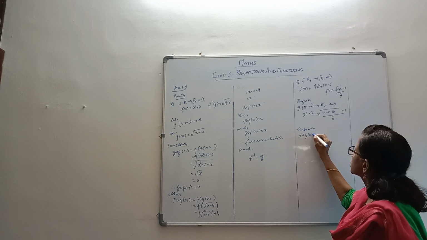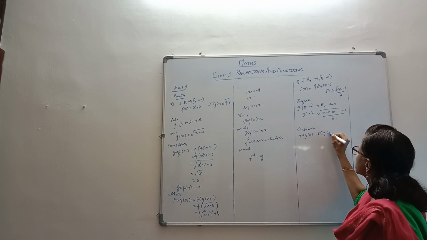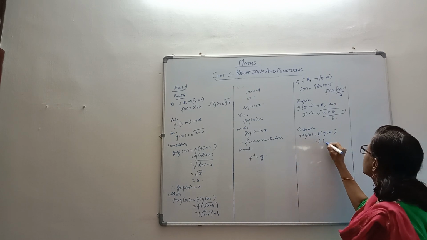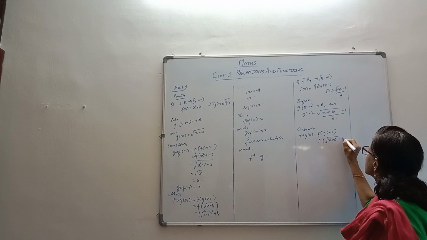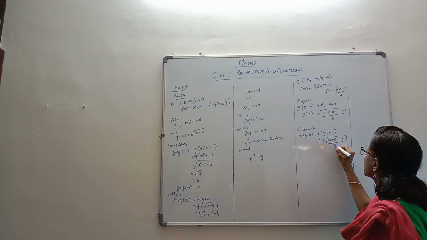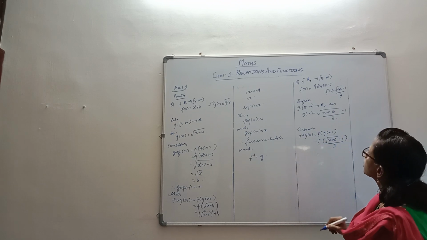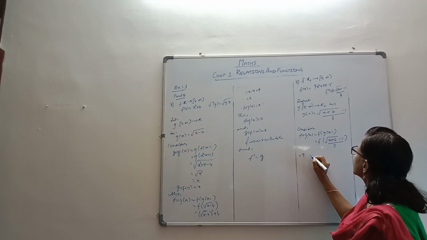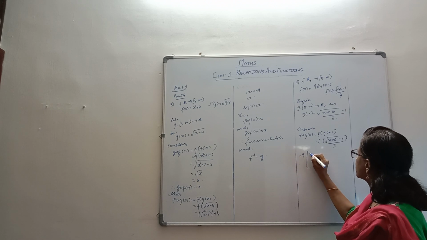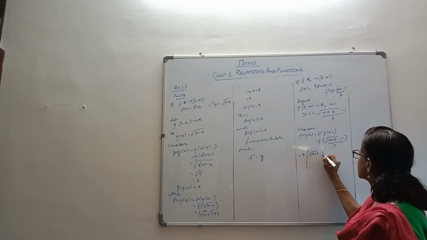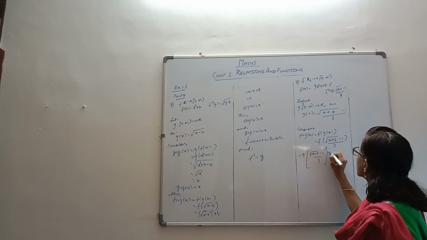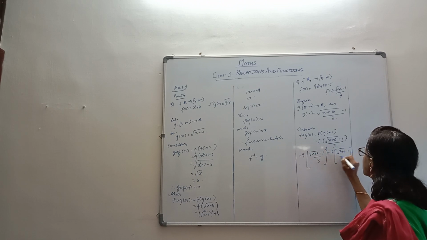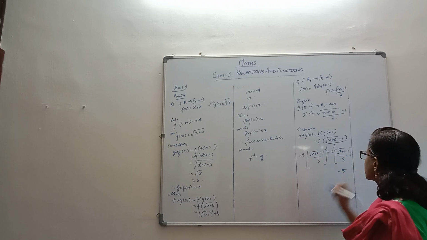Consider f of g of x. Now f of any value, it's quite complicated. It is 9 into the square of this value plus 6 into this value minus 5.